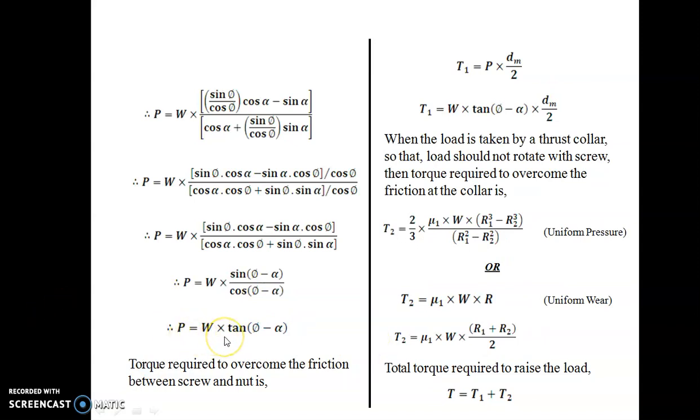P is equal to W into tan of phi minus alpha. This is the effort in terms of W, phi and alpha.